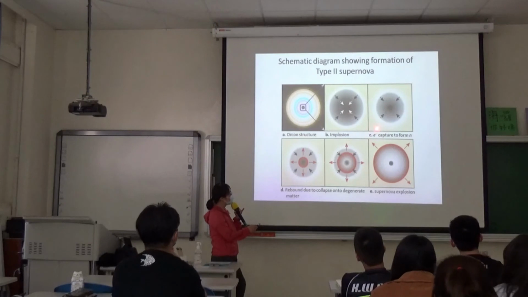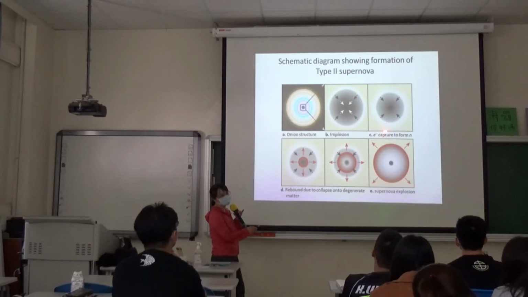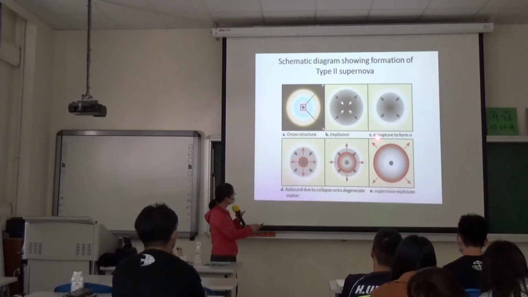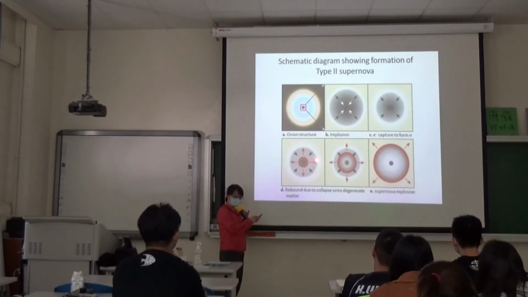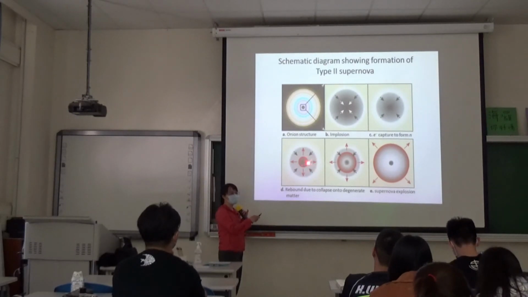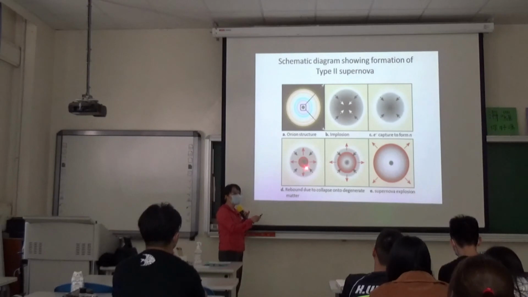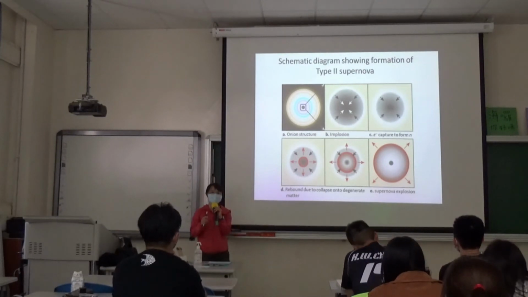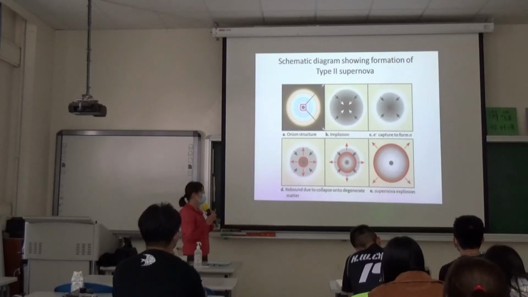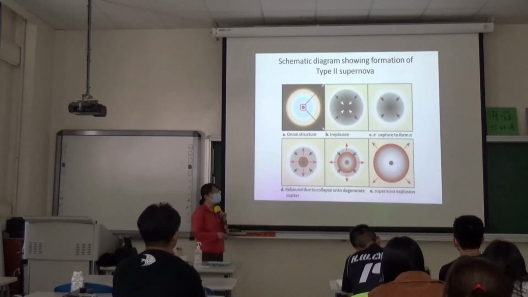And then electron capture will happen to form a lot of neutrons at the center. And when a lot of neutrons accumulate at the center, this kind of degenerate matter is extremely solid.